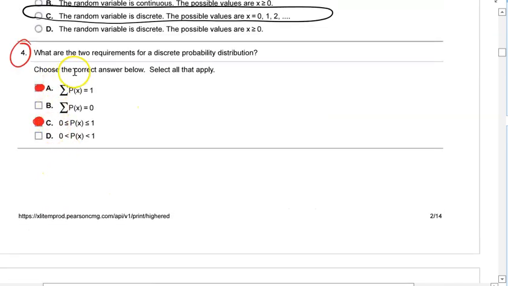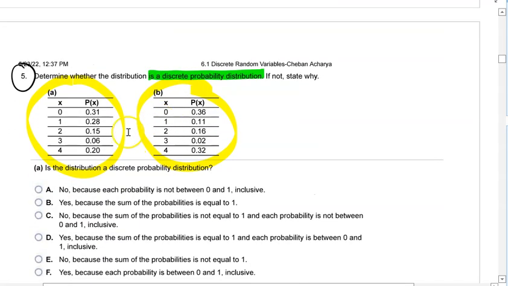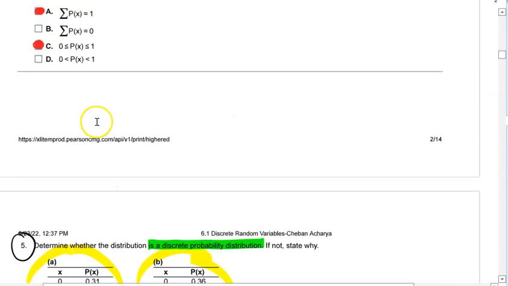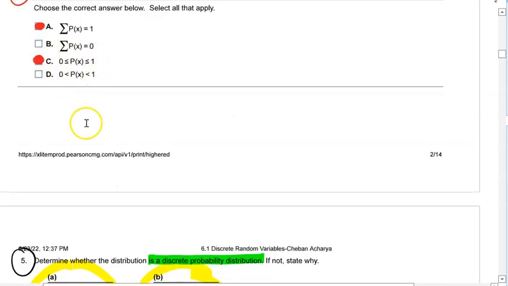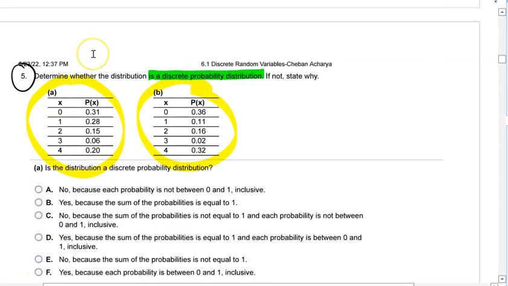There are two criteria for a discrete probability distribution. The sum of all the probabilities must be 1, and all probabilities must be between 0 and 1. If you check, all the probabilities here are less than 1 and greater than 0, therefore this criterion is met. The other criterion is that the sum of the probabilities must be 1. The probabilities are 0.31, 0.28, 0.15, 0.06, 0.20.